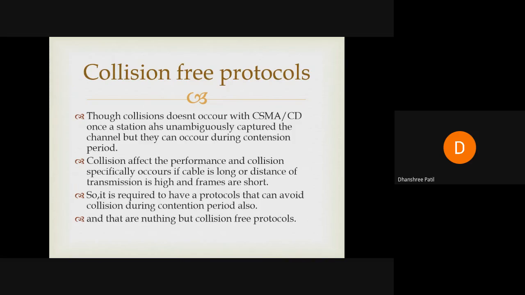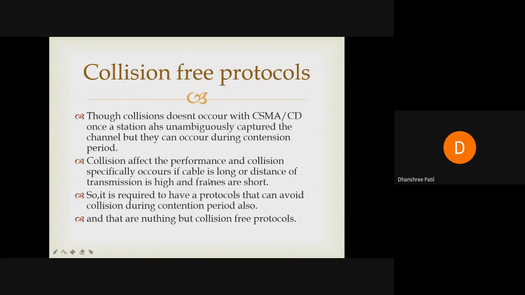So collisions affect the performance of your network, and collision specifically occurs if the cable is so long, or the distance of the transmission is high, and frames are short.